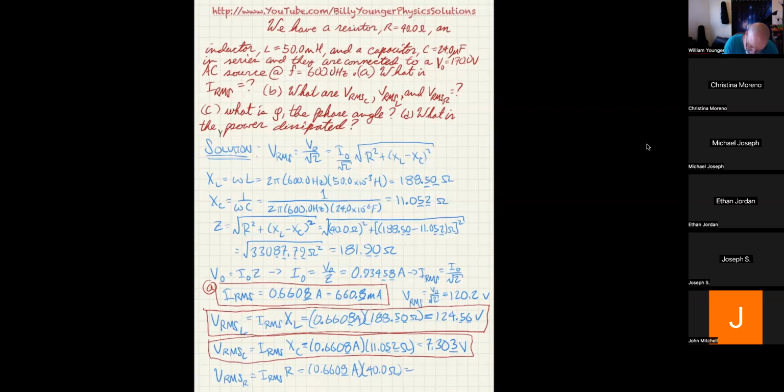So I get 26.4, and one extra sig fig before that, 26.43 volts. And that's the RMS voltage across the resistor. Any questions on that? So these are all part B.